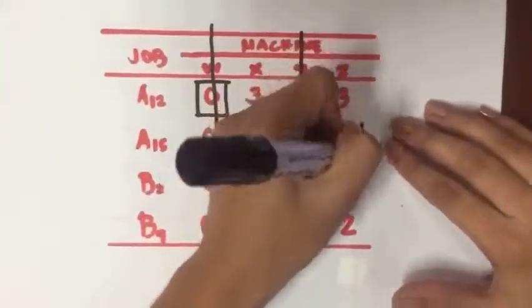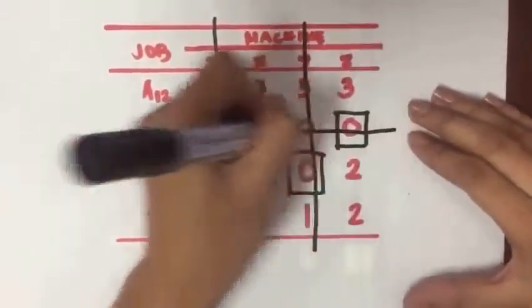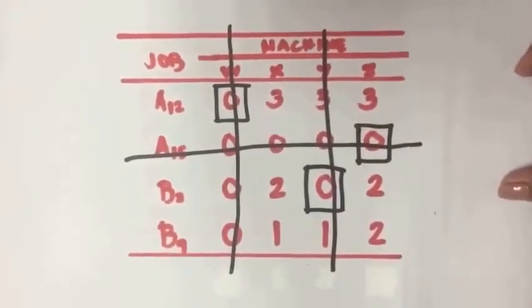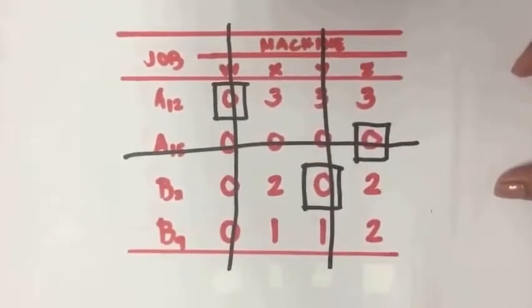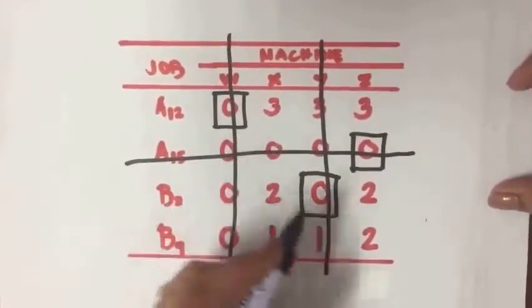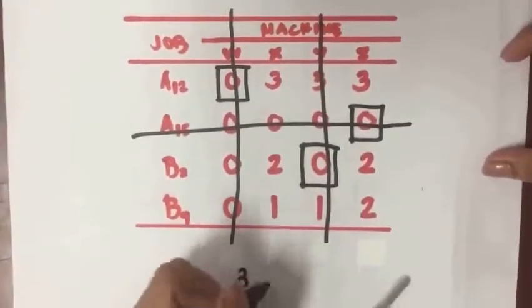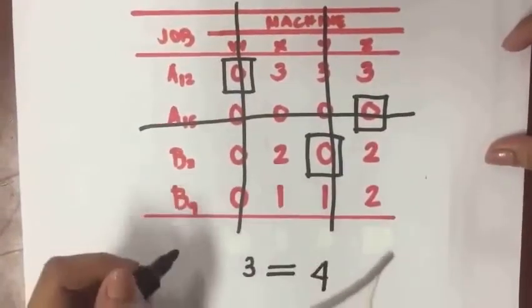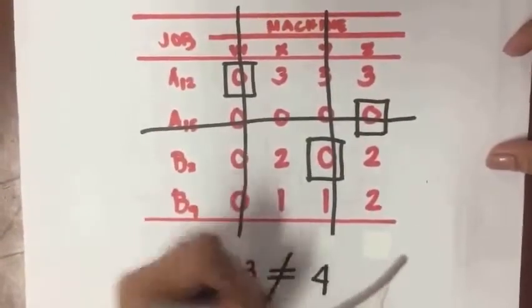And for this column, we have this one. The next thing you need to consider is that the number of lines should equal the number of unique assignments. So what we have here is 3 lines with the 4 assignments. So still it is not optimized.